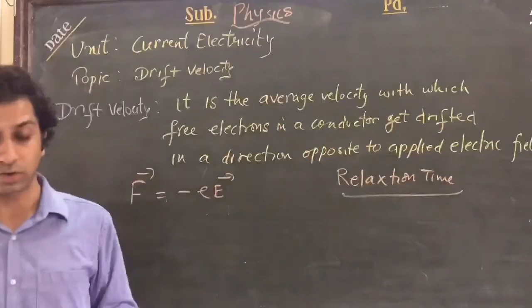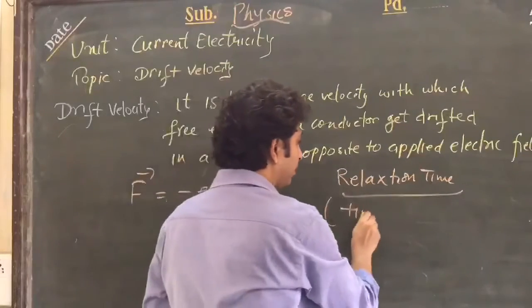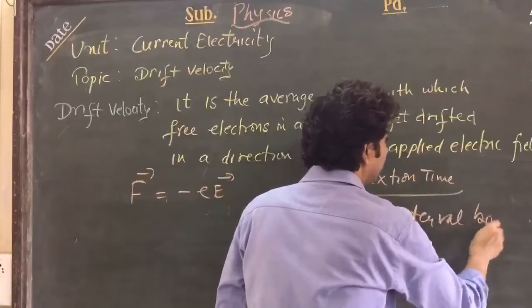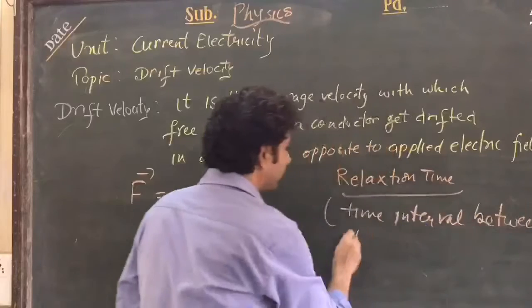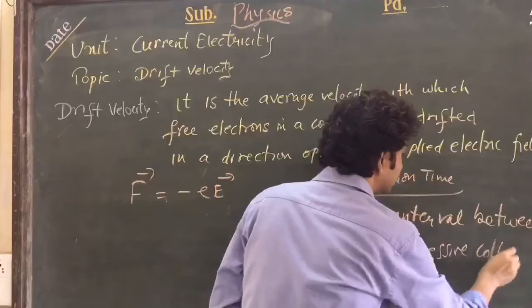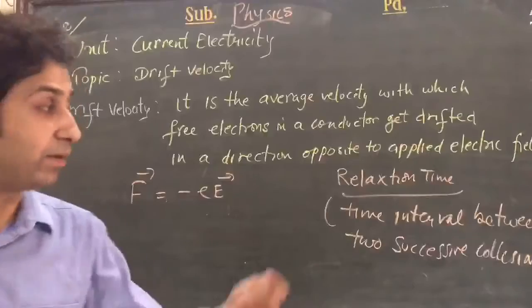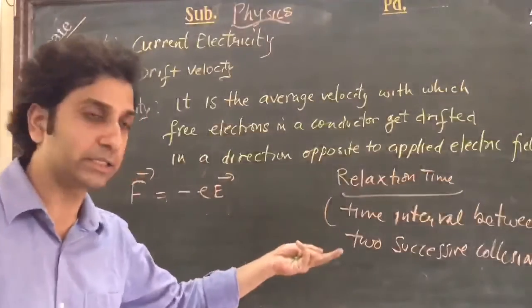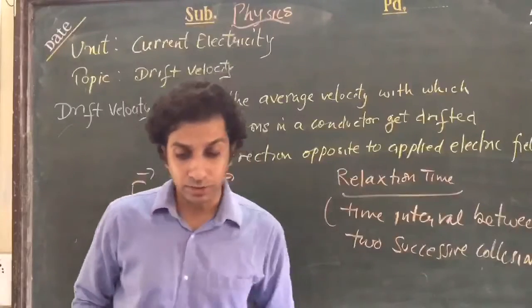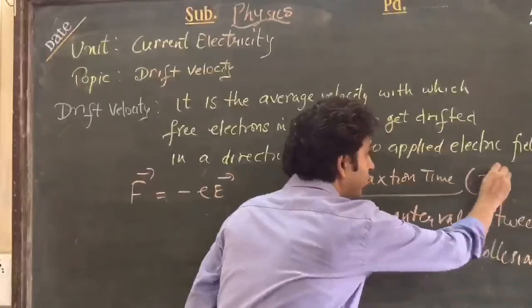The time interval between two successive collisions, that is, between electrons and ions in a lattice, is called the relaxation time, denoted by tau.